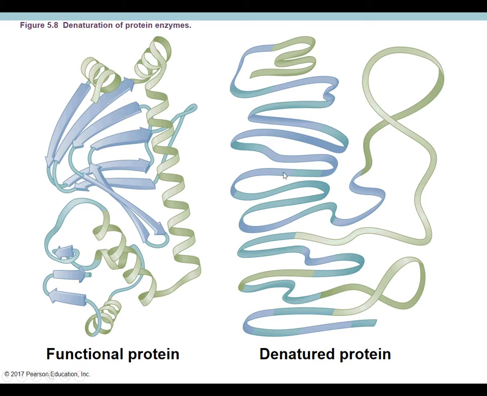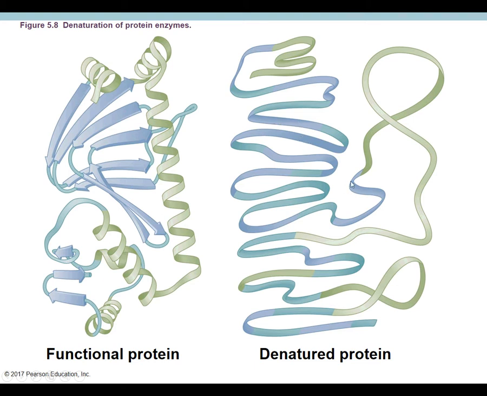And the things that cause proteins to denature are high heat, extreme pH, and also salt. A lot of salt can cause a protein to denature. Extreme pH means very basic or very acidic.